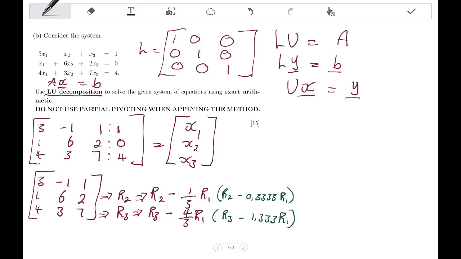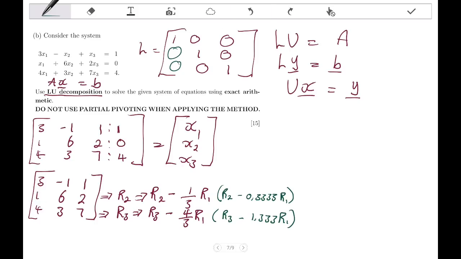So therefore, we are going to our lower matrix and then update our values. Remember that here previously we had zeros. So we are going to replace this 0 here by the multiplier that we used to reduce this 1 here to 0.